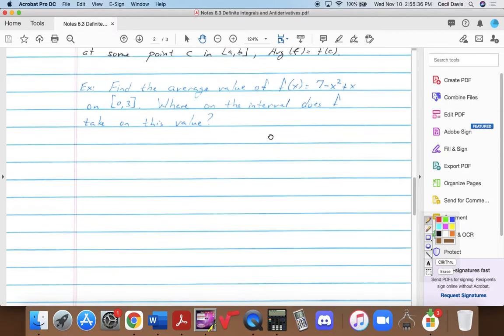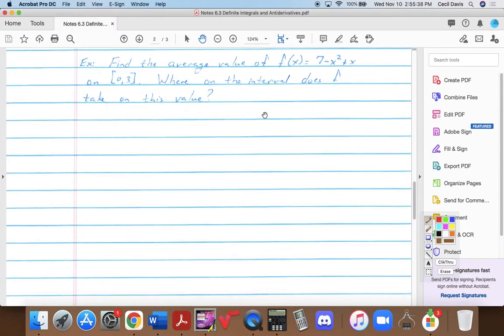So for example, find the average value of f of x equals 7 minus x squared plus x on the closed interval from 0 to 3. Where on the interval does f take on this value? So the area, let's just go ahead and do it all at once.